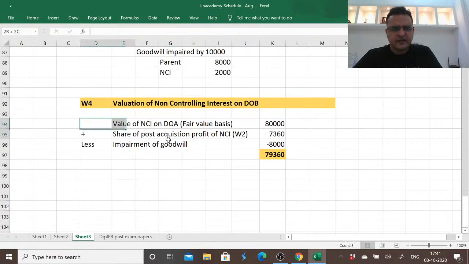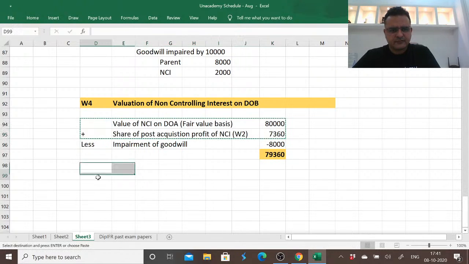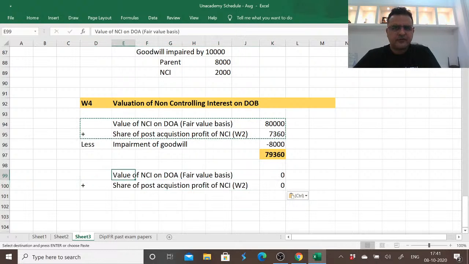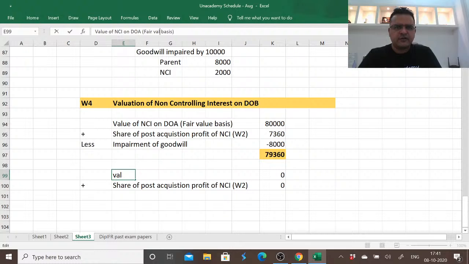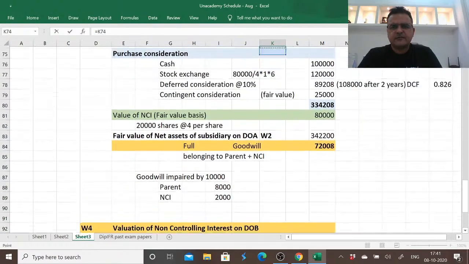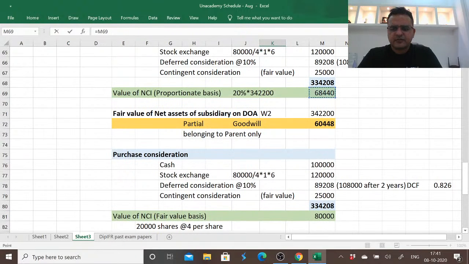Same, value of NCI on proportionate basis. Value of NCI on the date of acquisition, if the NCI was valued on proportionate basis, then the value of NCI would have been 68,440.